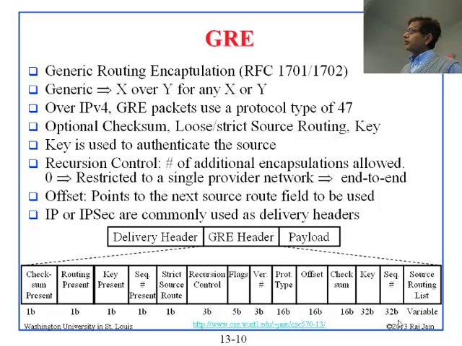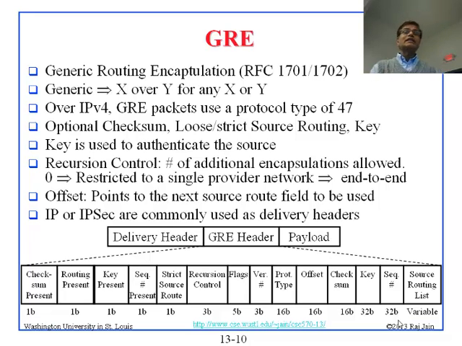The recursion control. Number of additional encapsulations allowed. 0 means restricted to a single provider network, and that means end to end. Or you could put non-zero, which means that you could keep encapsulating as many times as you want. Offset points to the next source route field to be used.